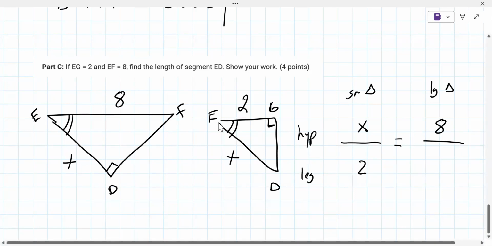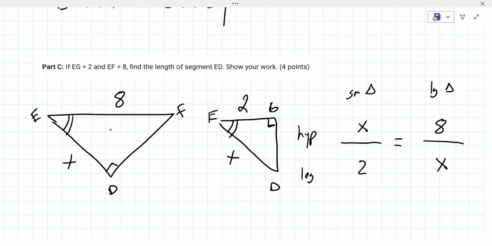We just said it goes along with the one that goes from the E to the G, the X over here in the large triangle. Is that okay? Clear?